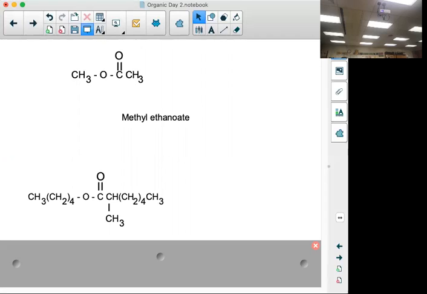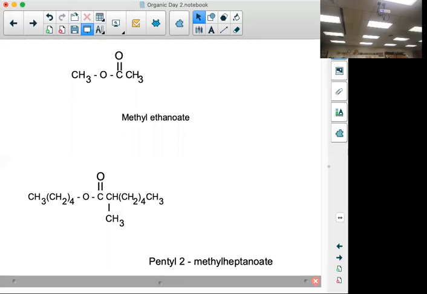So Vanessa, all we're looking for is the oxygen carboxyl inside the structure. So this one would be pentyl, 2-methyl heptanoate. It's your pentyl. On the second carbon, we have a methyl. 1, 2, 3, 4, 5, 6, 7. Hept.